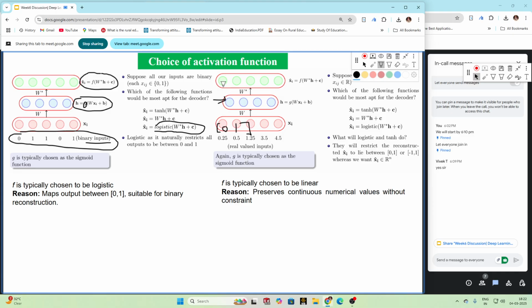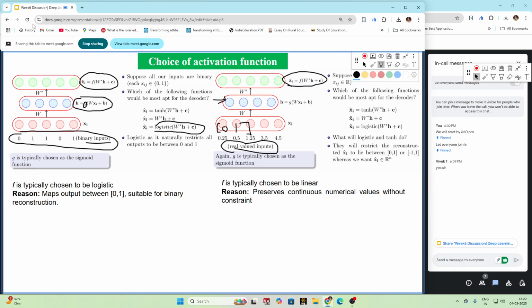But for the decoding layer, in the case of real-valued input, we always use a linear function, because we want the values to be exactly like our input. So the activation function we use in the decoding layer is a linear function. Okay, that is regarding the choice of activation function.